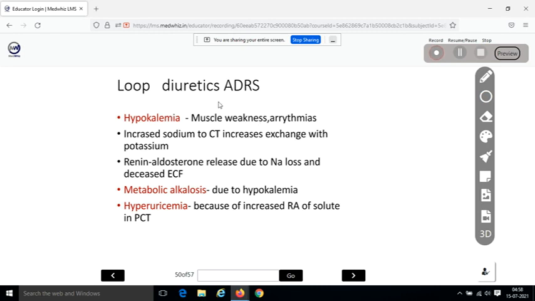It occurs because of their diuretic effect, and can be corrected by administering potassium and also by correcting hypovolemia. Ototoxicity: they cause dose dependent ototoxicity which is reversible.